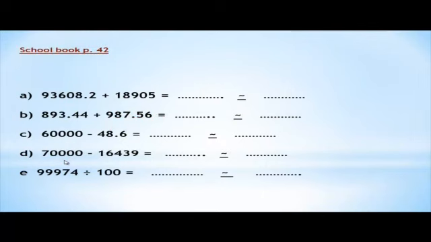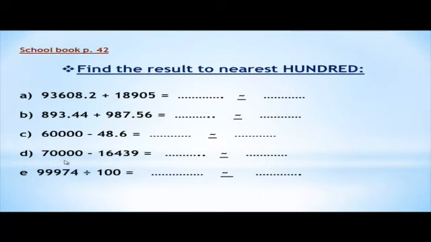More exercises about decimals. Find the result to the nearest hundred. If I have 93,608.2 plus 18,905, make the operation first, then make the approximation. So I will make the addition operation.